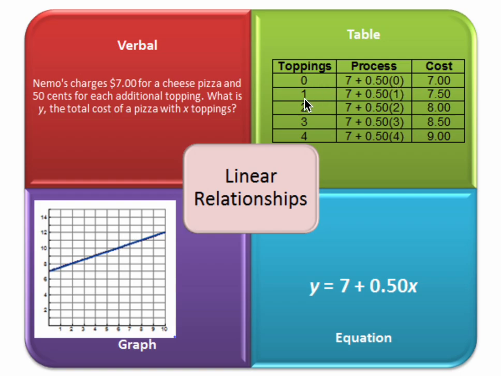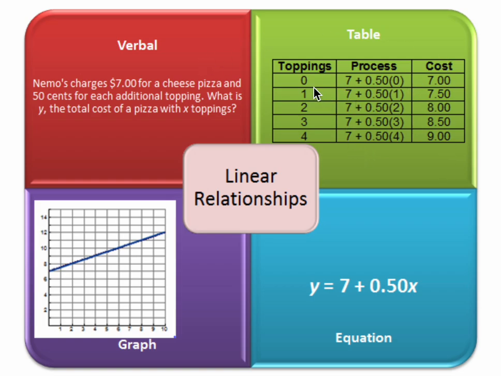But if your topping is 1, you do 7 plus 0.50 times 1, so you end up with 7.50. Similarly, if you have 4 toppings, you do 7 plus 0.50 times 4, which ends up being 9. So this is how you create your table: x values, and then arrive at your y values.